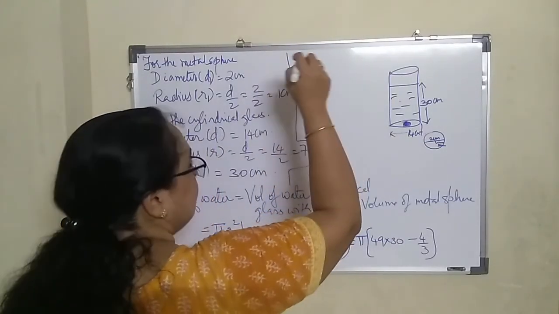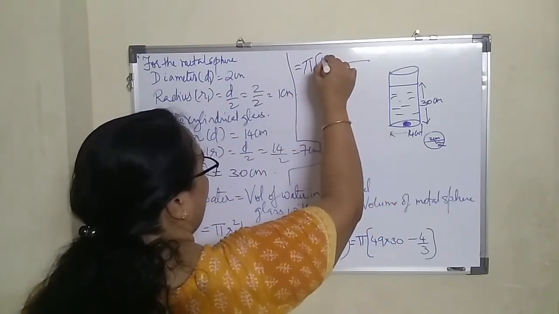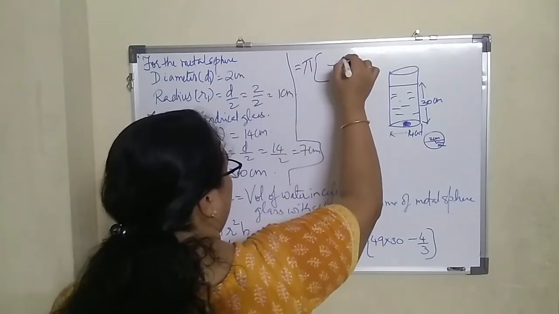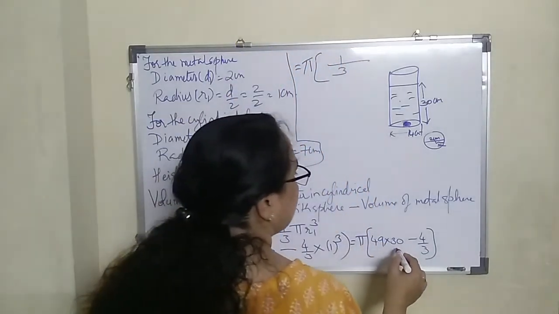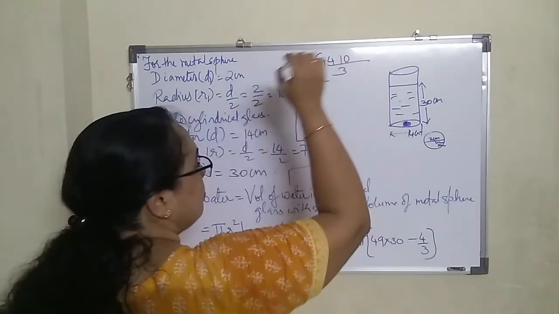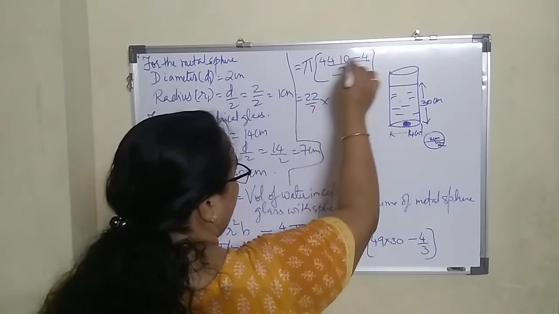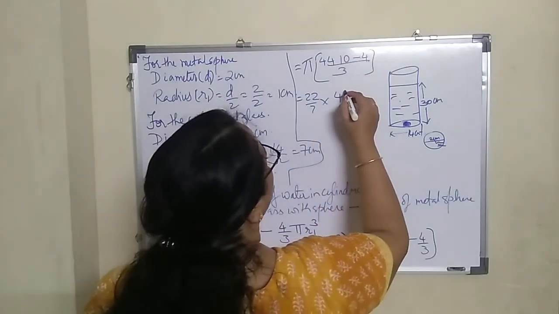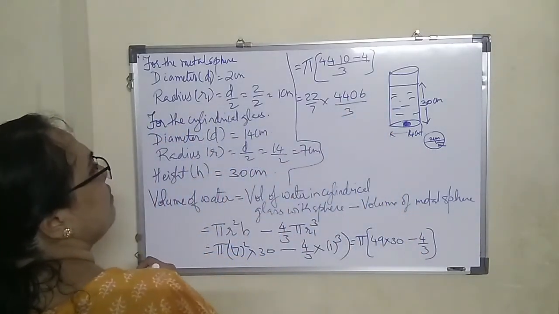We'll substitute later. 49, so to make it upon 3, we have 49 into 30 into 3, that is 4410, minus 4. So 22 upon 7 into, when I subtract, what do I get? 4406 divided by 3.